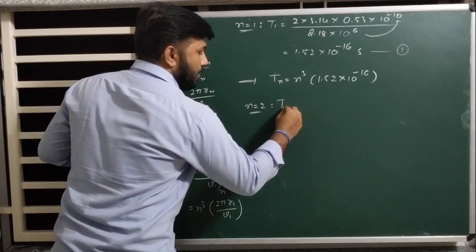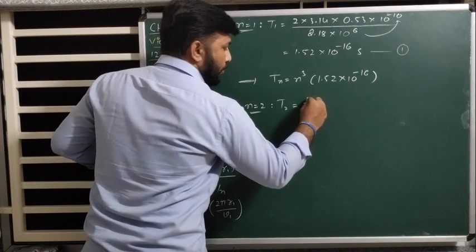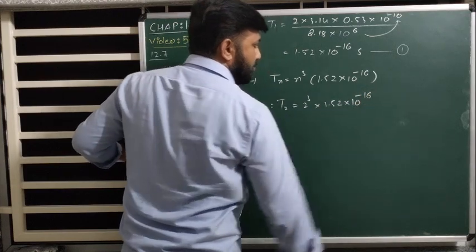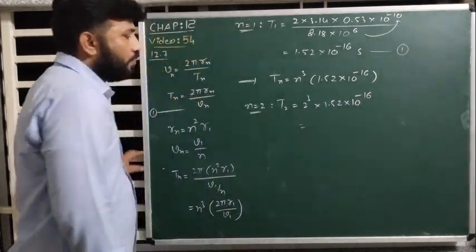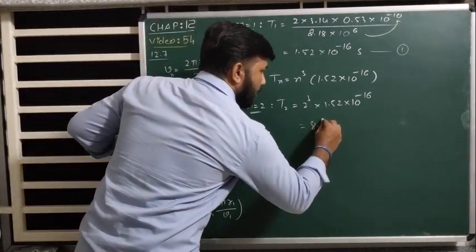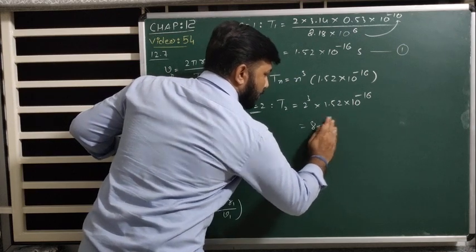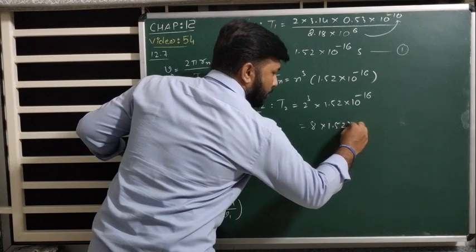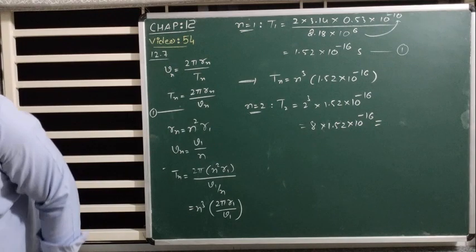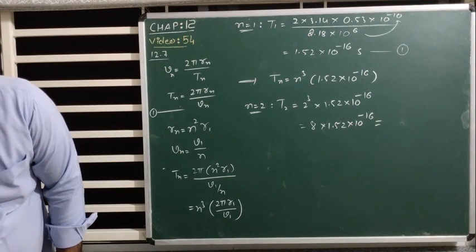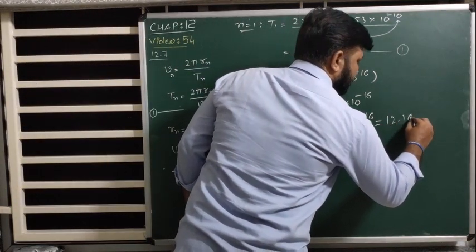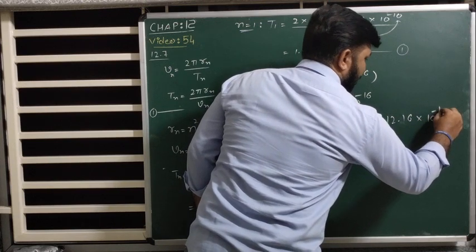So we get the second value, that is 2 cube multiplied by 1.52 multiplied by 10 raised to minus 16. 2 cube is 8, so 8 multiplied by 1.52 multiplied by 10 raised to minus 16 is equal to 12.16 multiplied by 10 raised to minus 16.